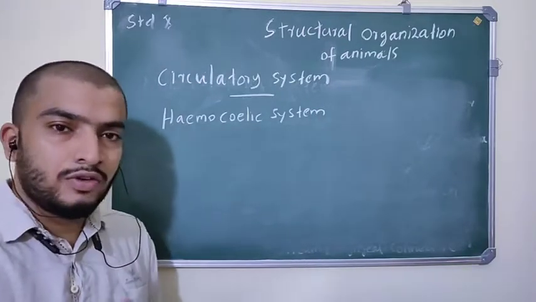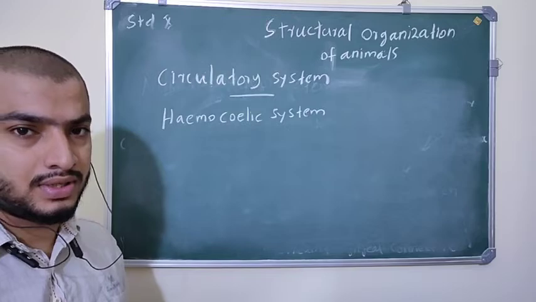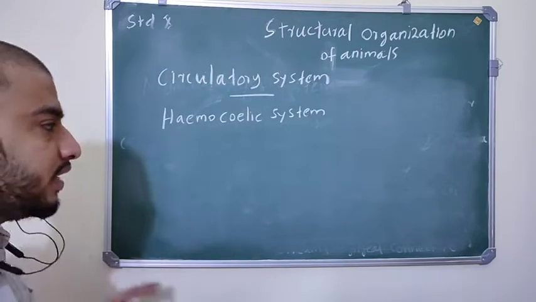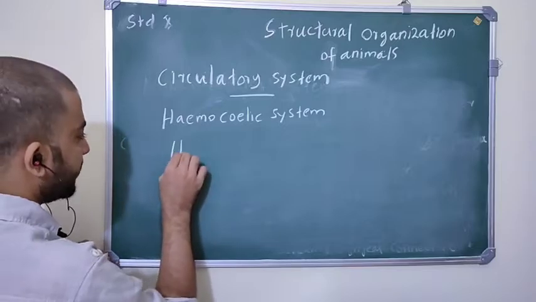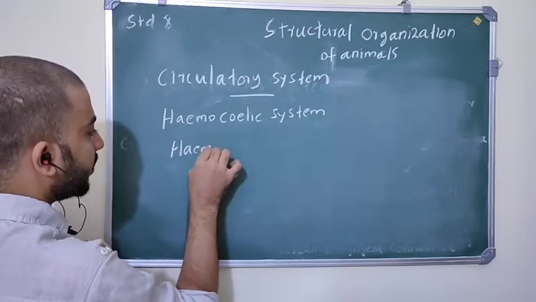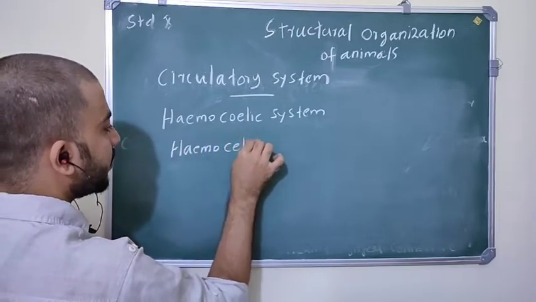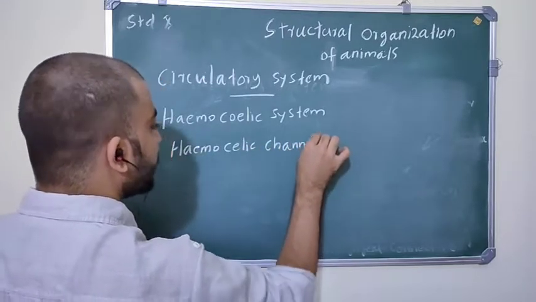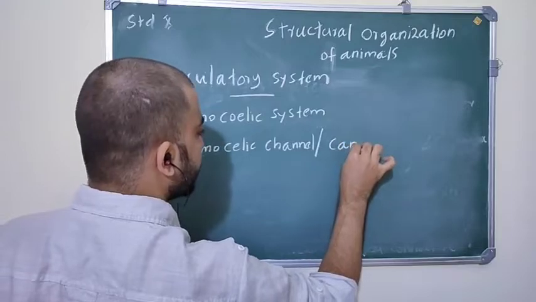So in the case of the leech, they have no true blood vessels. Instead of blood vessels, they have hemocoelic channels, or hemocoelic canals.